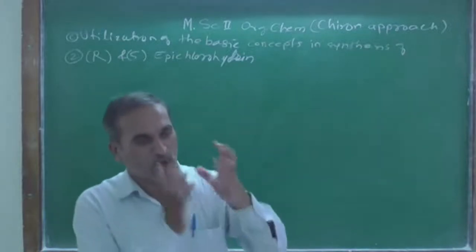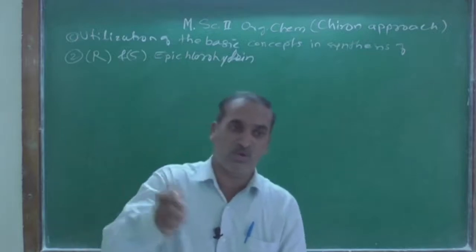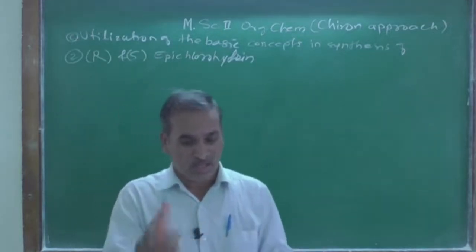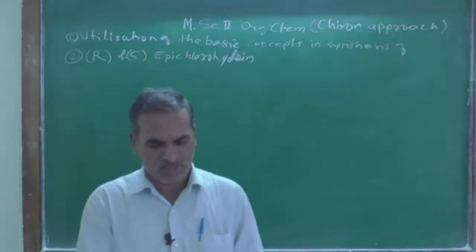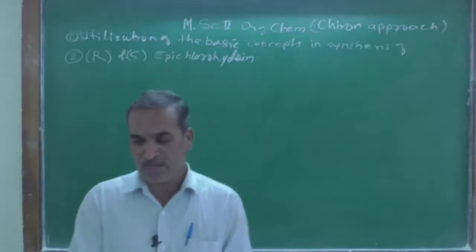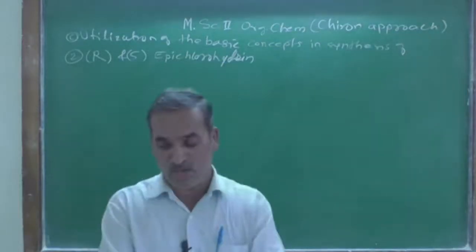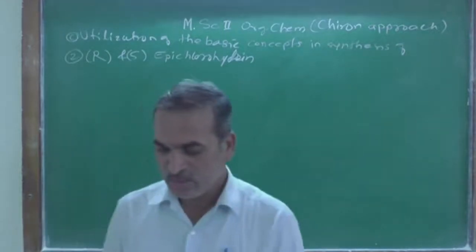One rotates the plane of polarization to the right hand side, and the other rotates it to the left hand side, and that is why this is called rotation, the R and S configuration. Here R and S both are useful, and therefore we are going to synthesize both these molecules.